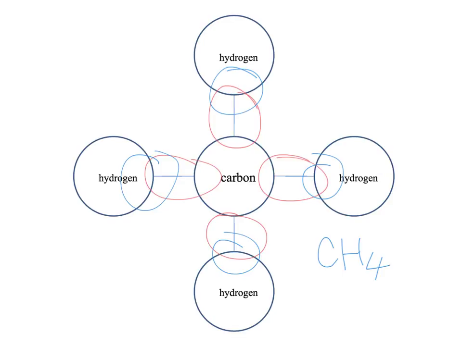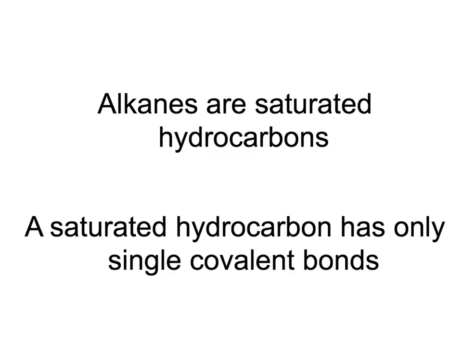And methane is the simplest alkane. Alkanes are called saturated hydrocarbons because all of their bonds are full. And these are single covalent bonds. So you've got to remember, if it ends in ane, it's an alkane, it's saturated, and it's a hydrocarbon. And saturated means single covalent bonds.